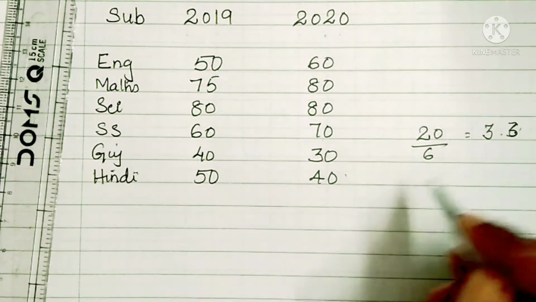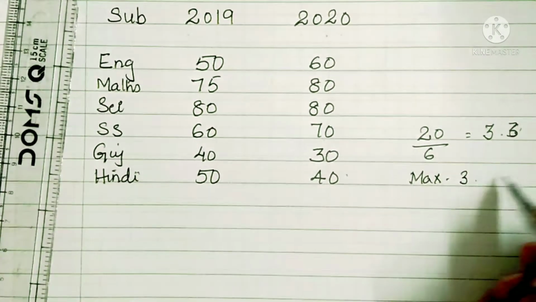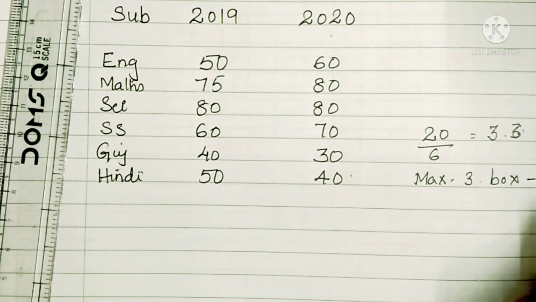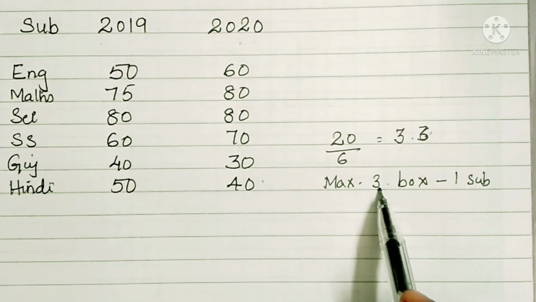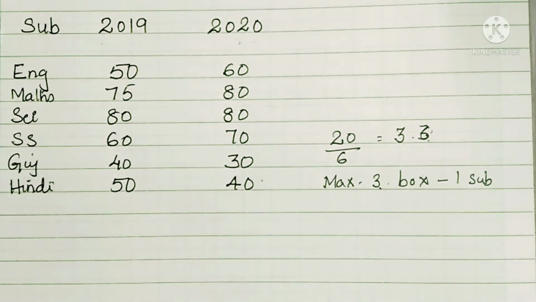So we can take a maximum of 3 boxes for one subject. If you take more than 3, you won't get enough space.